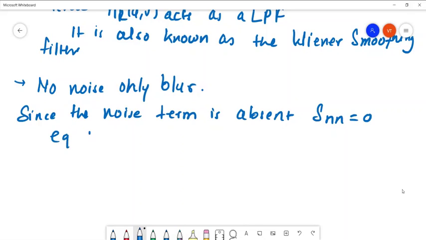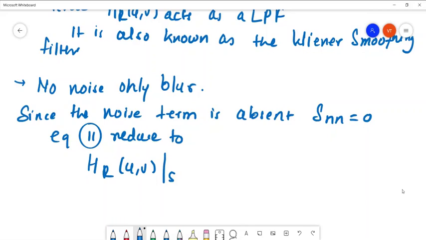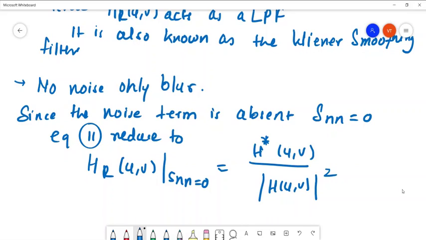So equation 11 will reduce to, with Snn equal to 0, we will get H complex conjugate (u,v) upon mod H(u,v) squared.